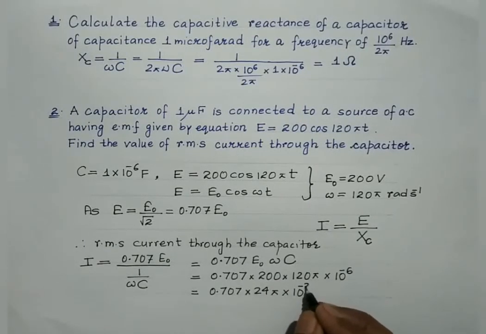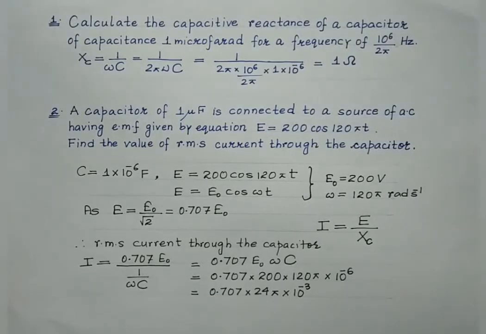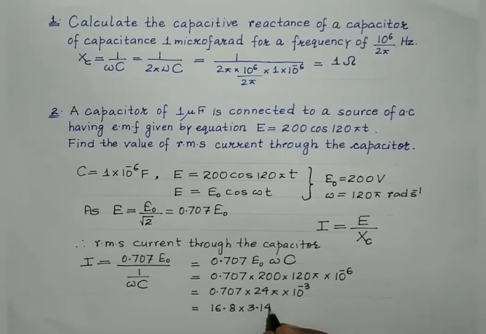So we'll be left with 10 raised to power minus 3. Clear, students? And 24 multiplied by 0.707 is somewhat 16.8, multiplied by pi, that is 3.14, into 10 raised to power minus 3.